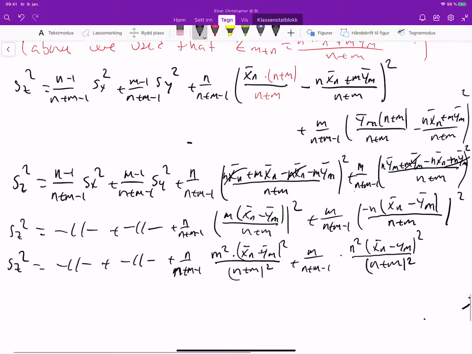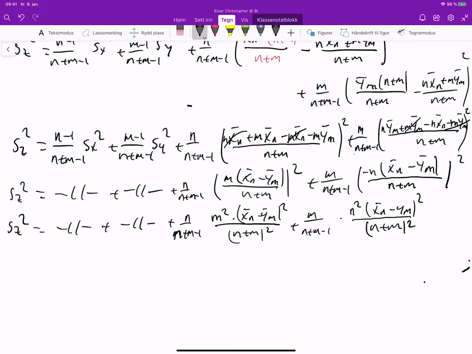So that's fine. And now we can do the last math here. This the same, plus, and we have n over n plus m minus 1. And actually we got n plus m minus 1 both here and both there. So I put that outside a parenthesis.